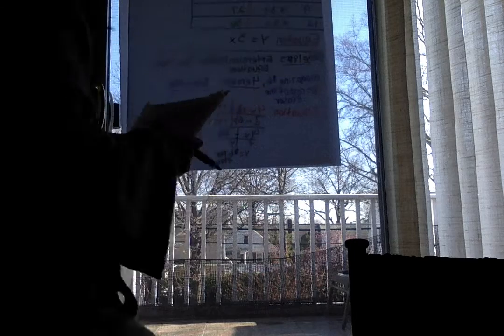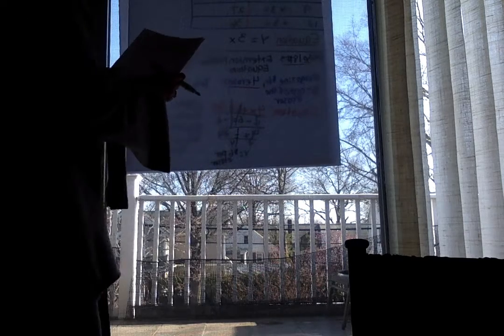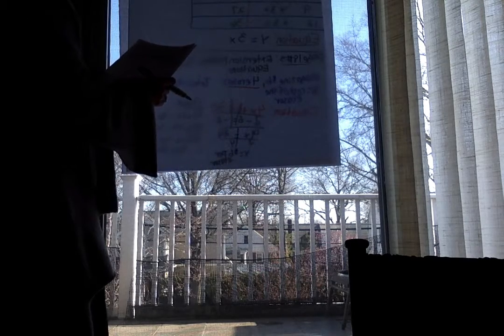So this is what it reads. It says, Kiana bought 5 books that were the same price. She paid a total of $40.20. Find the unit rate. So this is page 19. This is extension problem number 3.